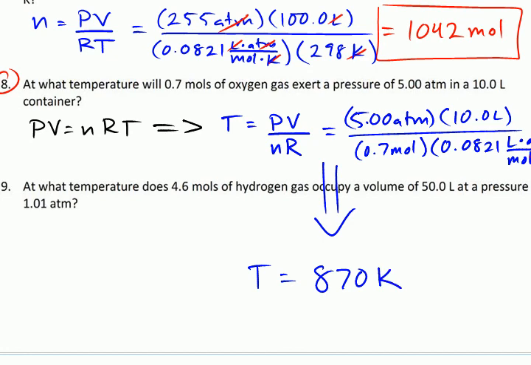And so moles cross out, atmospheres cross out, liters cross out. We're left with a unit of Kelvin. Punching this in the calculator gives us 870 Kelvin. So at 870 degrees Kelvin, 0.7 moles of oxygen will exert a pressure of 5 atmospheres in a 10-liter container.